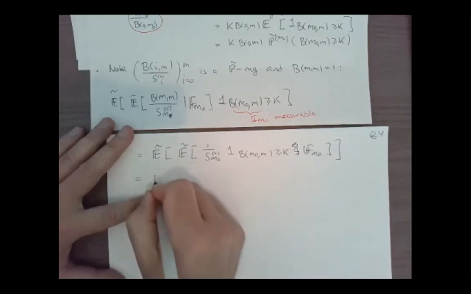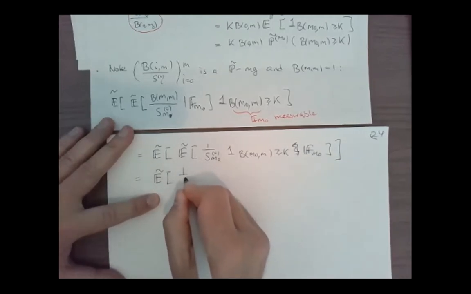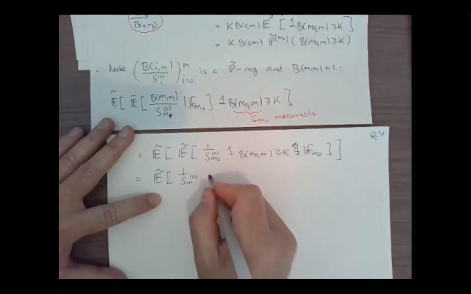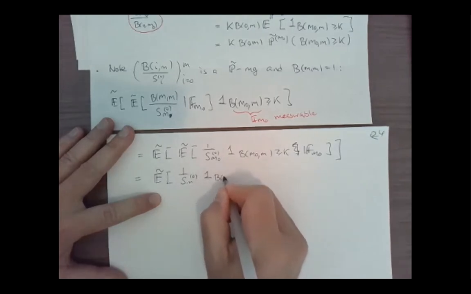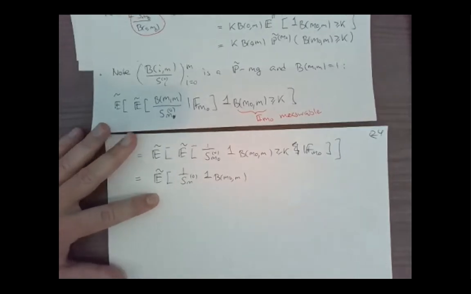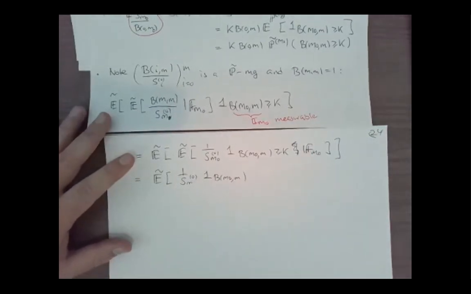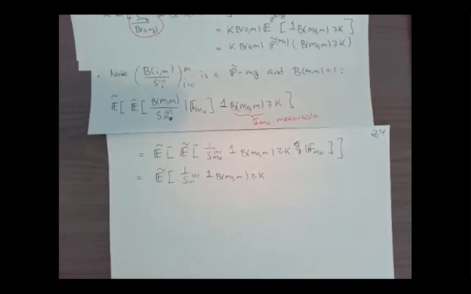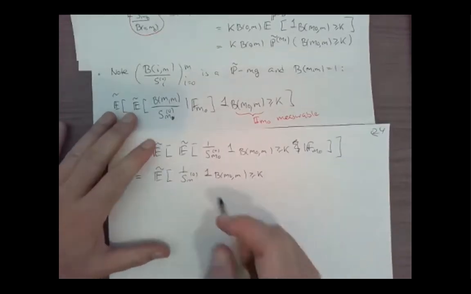We can throw away the conditioning, we'll be left here with E tilde 1 over S_M0 times B_M0(M) bigger than K. I messed up some indices here.